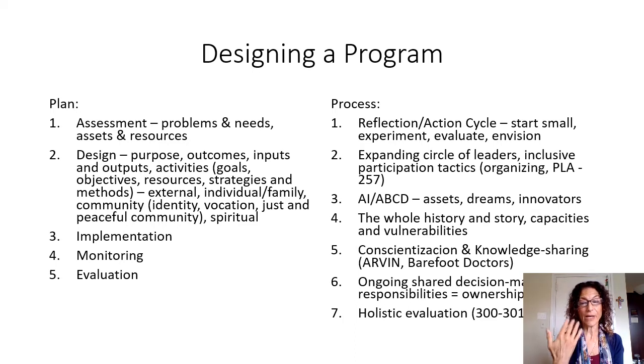So that every time that they reflect on what they've been doing, they learn and they grow and their skill level raises. You always start small in terms of your action. And it's an experiment. You evaluate the experiment, you envision, and the action gets broader and more effective.